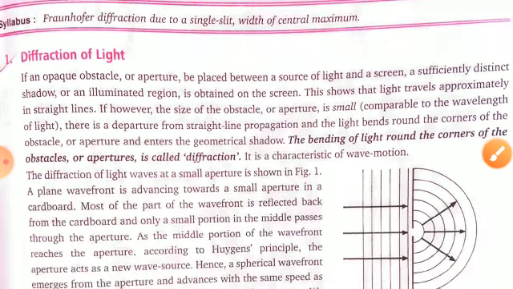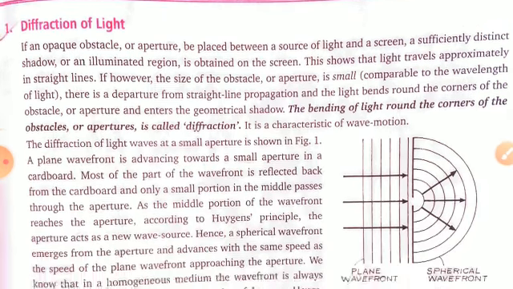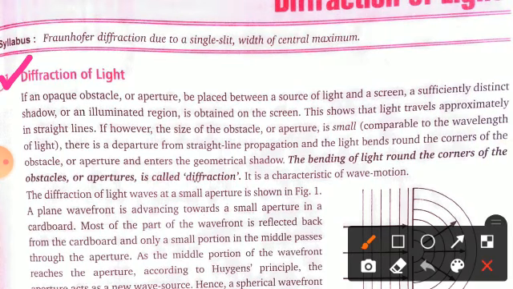Come to this first one, which is the diffraction of light. So what is the diffraction of light? Diffraction of light is nothing but the bending of light around an obstacle. Clear? So you can see here, an opaque obstacle or aperture is placed between the source of light and a screen.